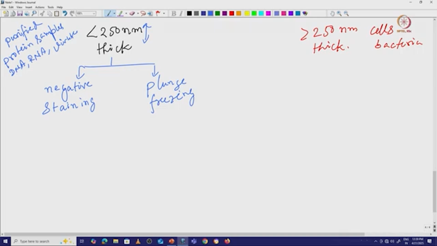We can just take a snapshot of any image if we want to collect some 2D images. That is also possible.